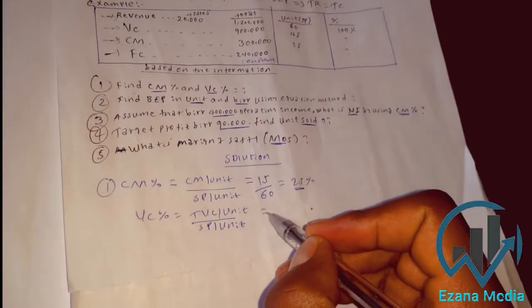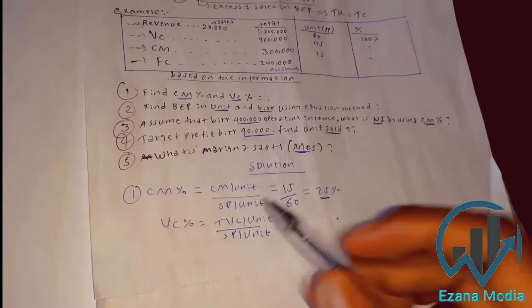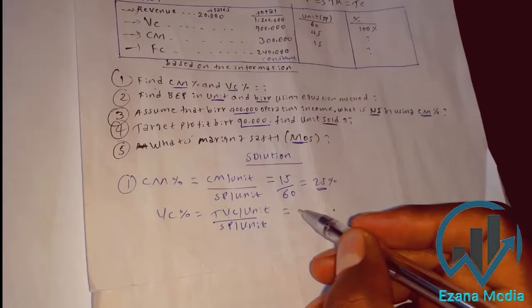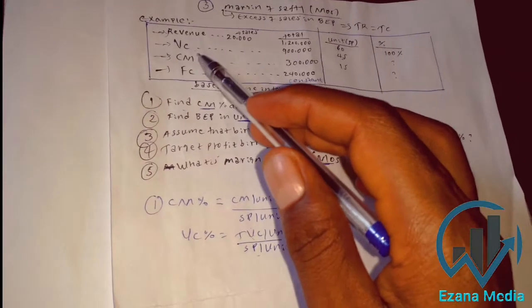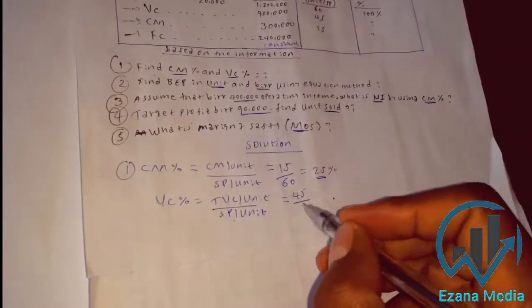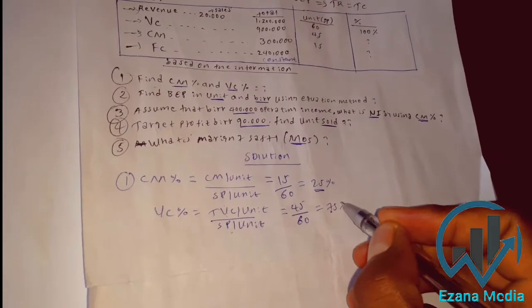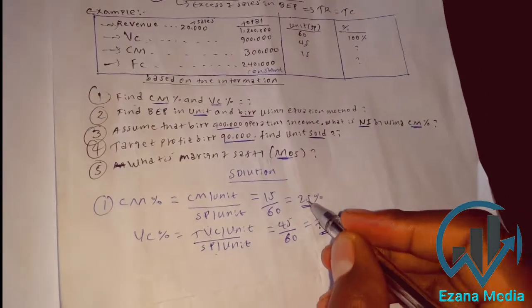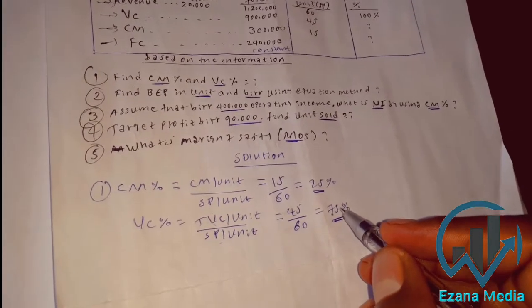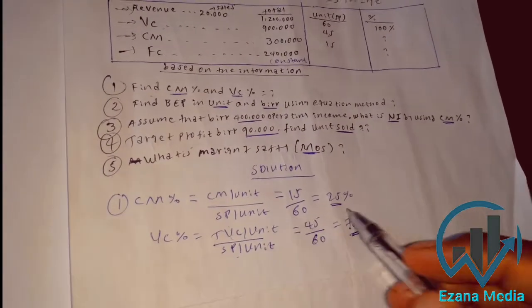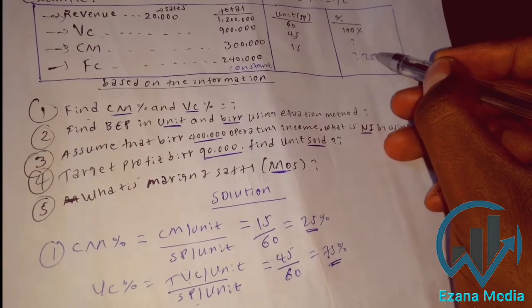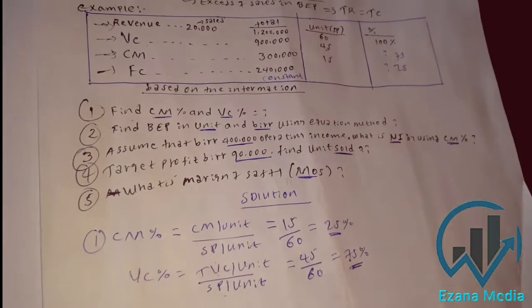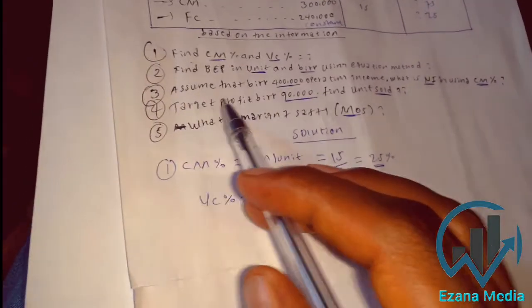The variable cost per unit is given as 45, over the selling price of 60, which is equal to 75%. So the contribution margin is 25% and the variable cost is 75%.